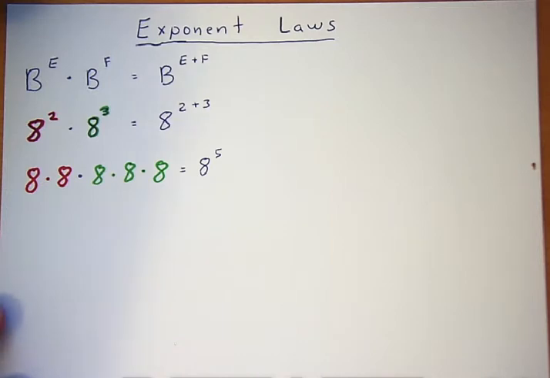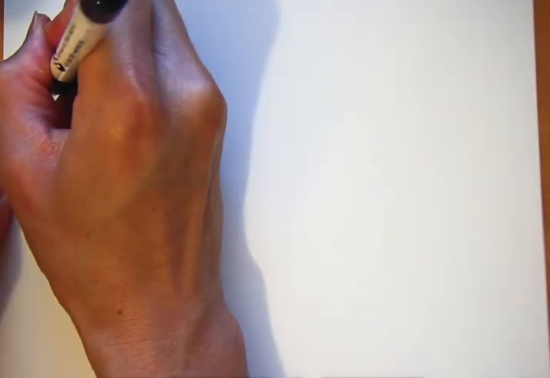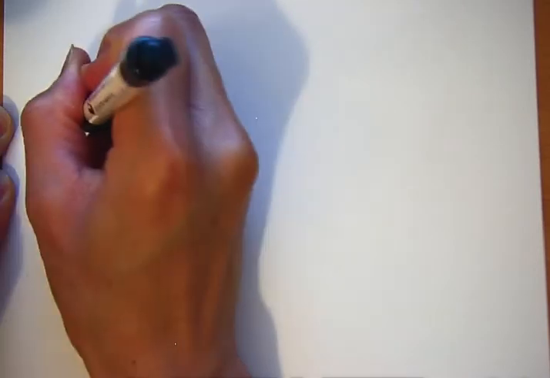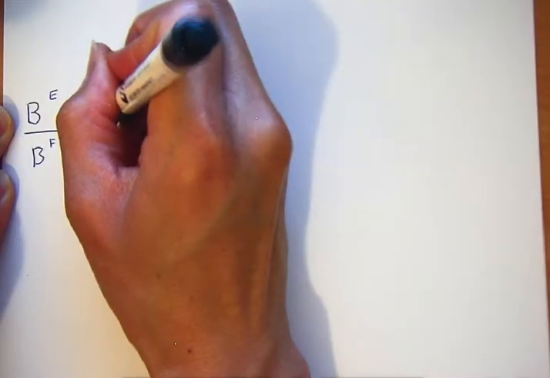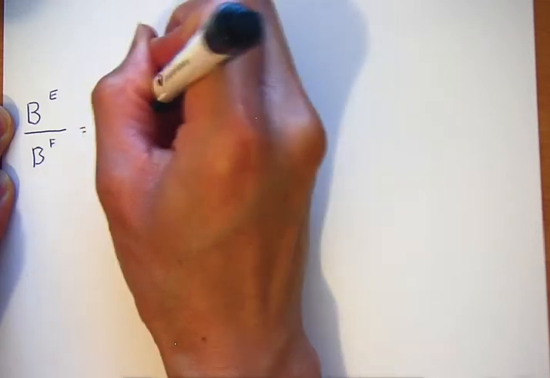Our next exponent rule says if you have a base b to the exponent e and you divide it by base b exponent f, this is equal to base b with an exponent of e minus f.